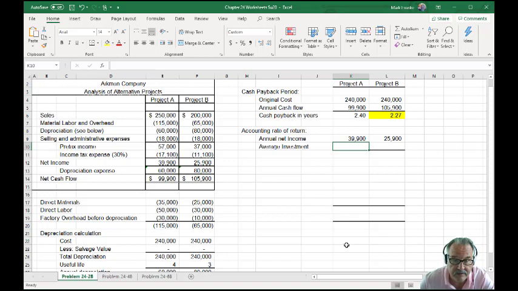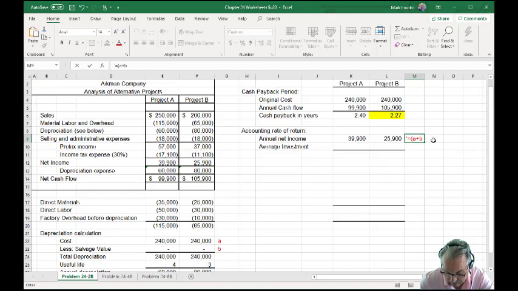So in both cases, there's no salvage value. So let's just call this A and B. And this formula is going to be equals A plus B divided by 2. Except it's in the wrong place, so let's move it.